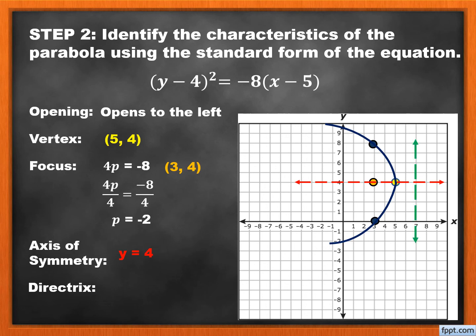And our directrix is 2 units away from the vertex going to the right, and it is in terms of x since it is a vertical line passing through 7, therefore our equation is x = 7.